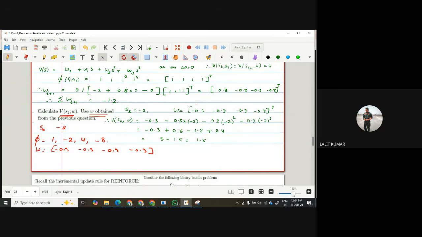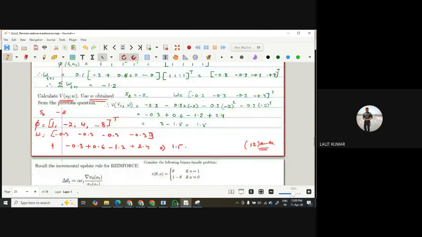So you just have to multiply phi transpose into this. This becomes 1 into 0.3 minus 0.3, minus 2 into 0.3 plus 0.6, minus 1.2 plus 2.4. You add this and you get 1.5. So this is a total 12 marks question. If we solve it, we get all the answers.